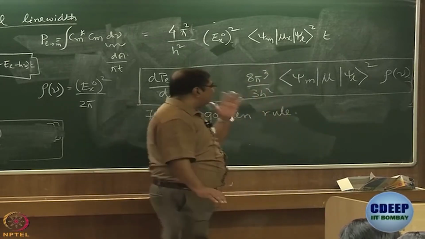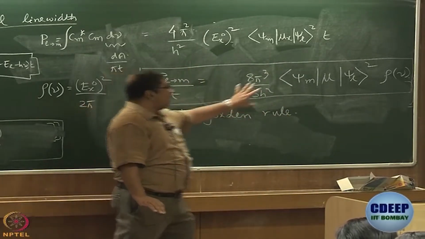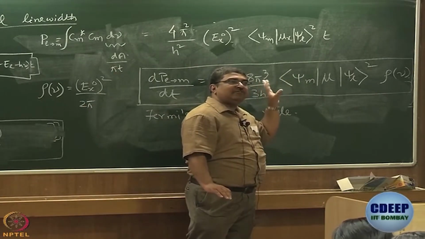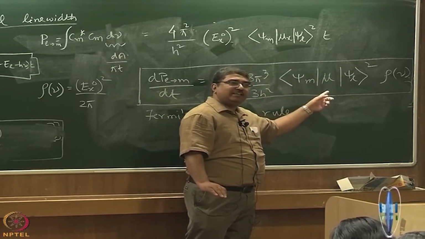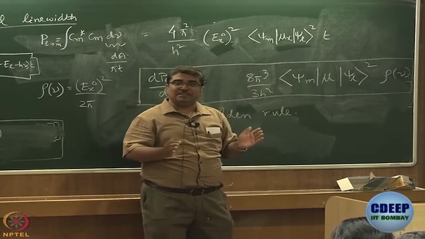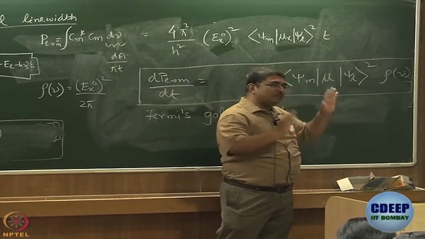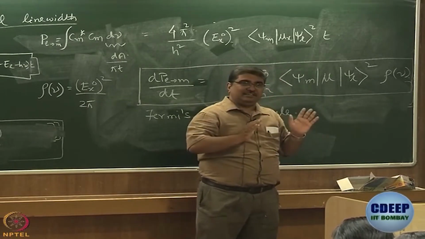And it's important to remember that this Fermi's golden rule essentially is an expression of the rate of transition as a product of two factors. One which is intrinsic to the system, the transition moment integral square, and the other that is actually a property of light, rho nu.